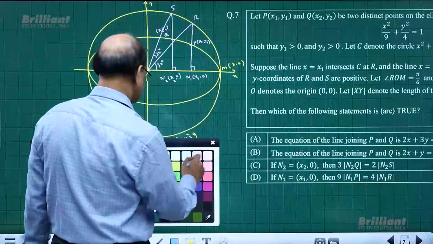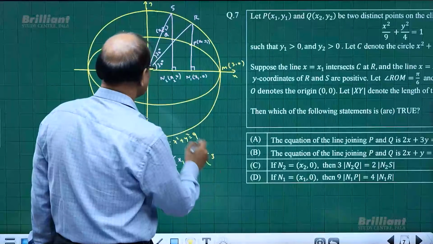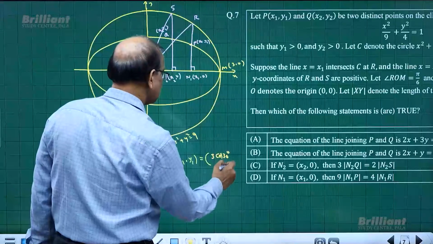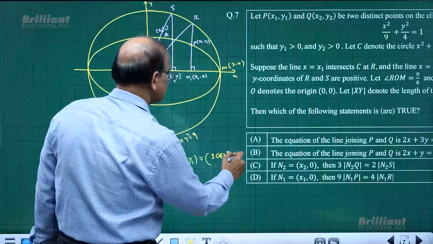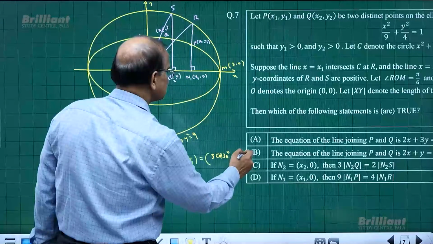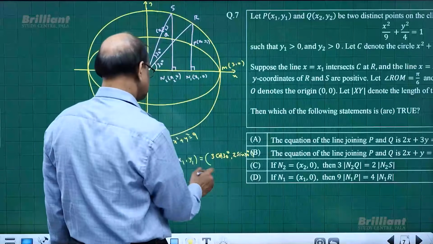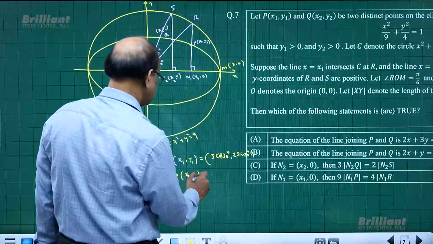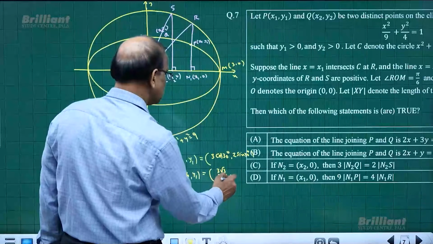So, a cos theta is 3 cos 30, and b sin 30 is 2 sin 30. So, P(x1, y1) is equal to (3 root 3 by 2, 1).